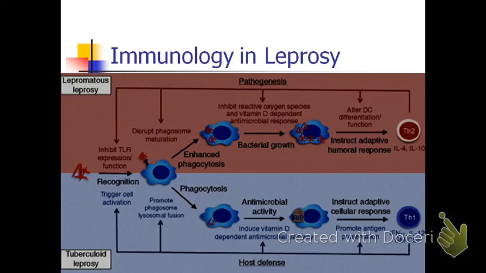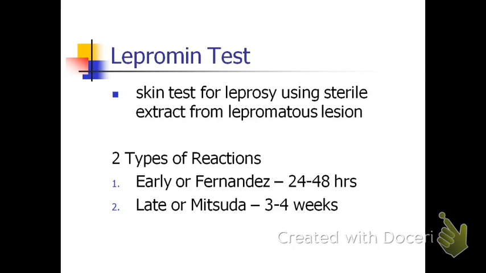Lepromatous leprosy involves cell-mediated immunity as well. Tuberculoid leprosy involves cell-mediated immunity, but the one that has the instructive adaptive cellular response is the T helper cell one. The lepromin test is the skin test for leprosy, wherein we use the sterile extract from a lepromatous lesion.